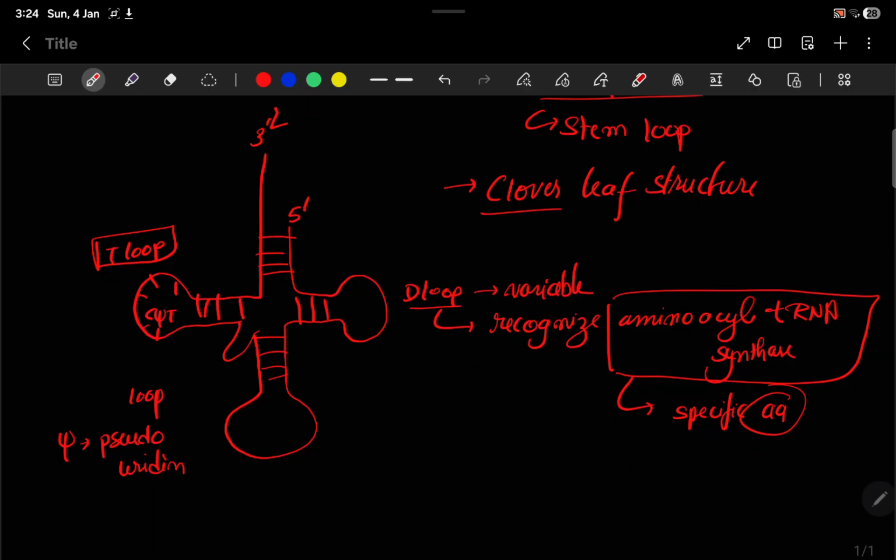Why is this called the D loop? The D here stands for dihydrouridine, which is another of our unusual bases. If you would like to know about the structure, it is very easy. First, the structure of uridine: this is uridine, and here we have the sugar.